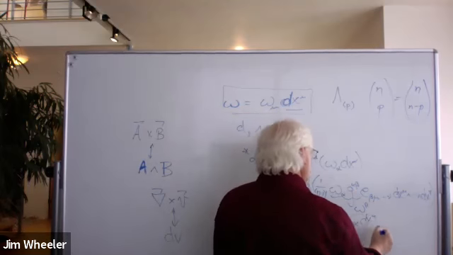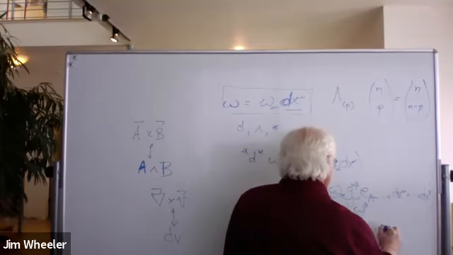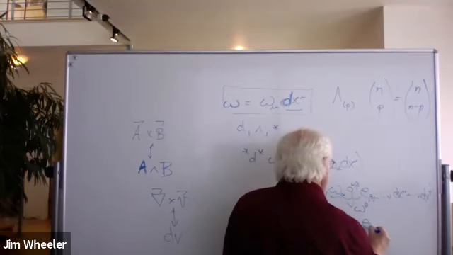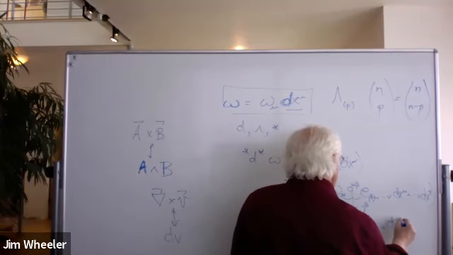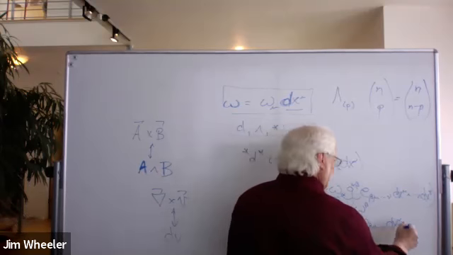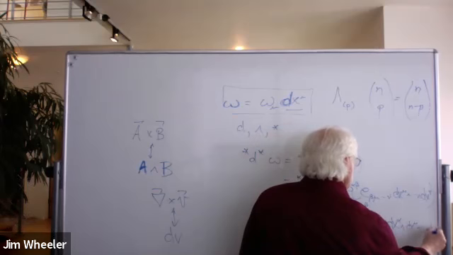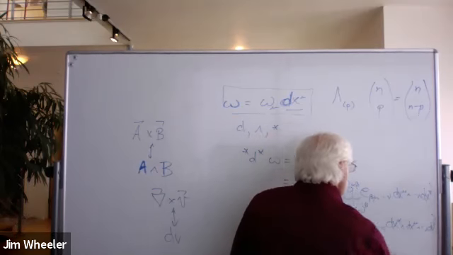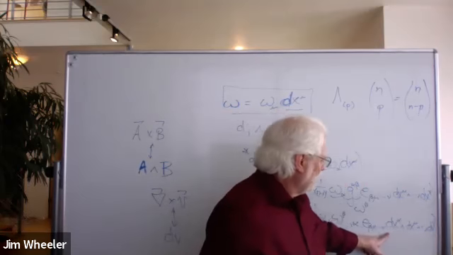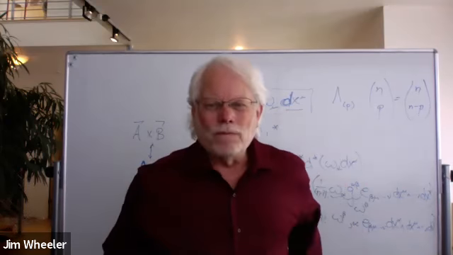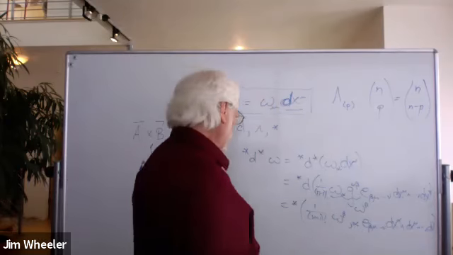That's how I take d, and that wedges with, well, I've still got my Levi-Civita here, mu through nu, and then I've got a dx alpha from the d, wedge dx mu, wedge dx nu. Now I'm going to take the dual of that. Now this guy, that's an n form, right? We've maxed out a full volume element here.